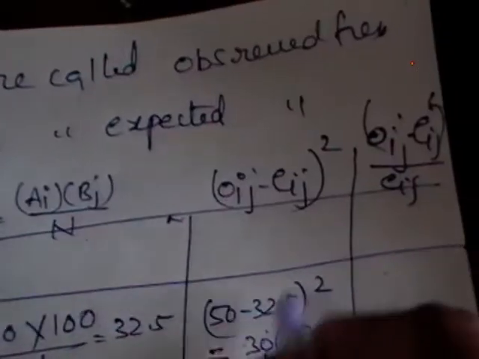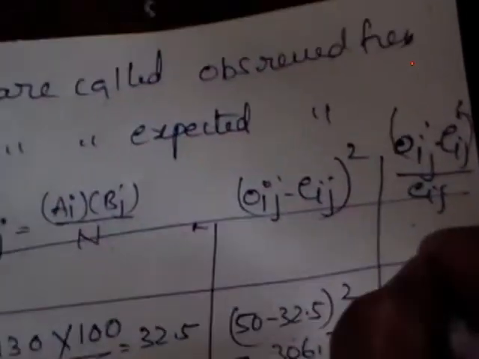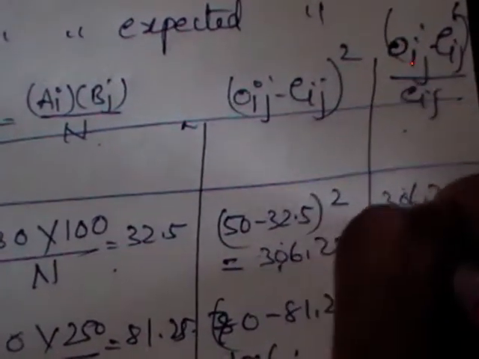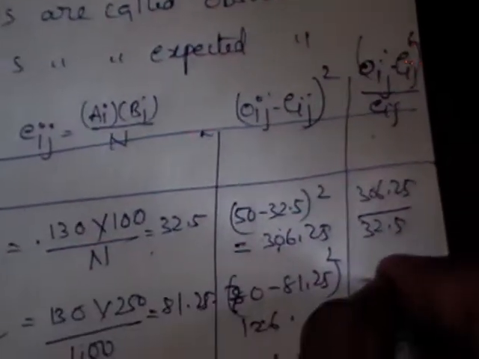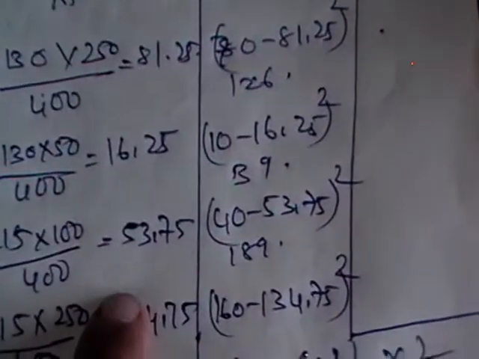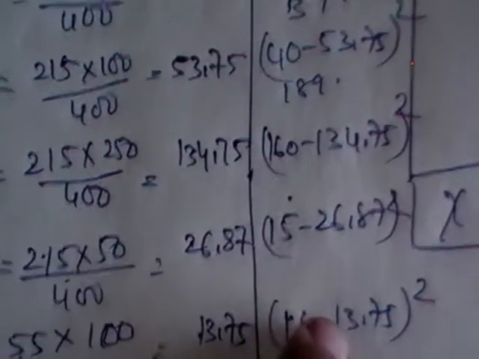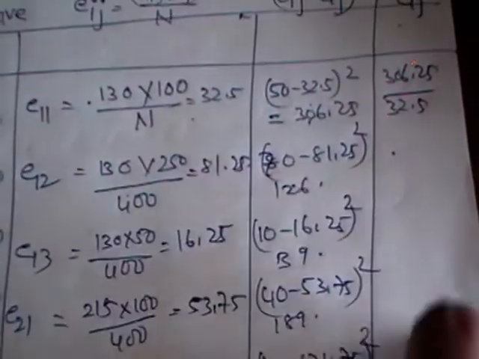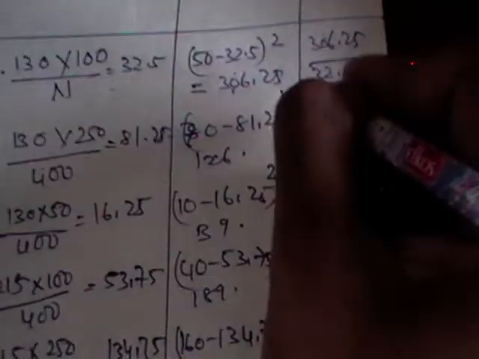Then this column you should divide by the corresponding Eij, meaning 306.25 by 32.5, and likewise for each of the other values. You divide all of them by the respective Eij and write these values directly.